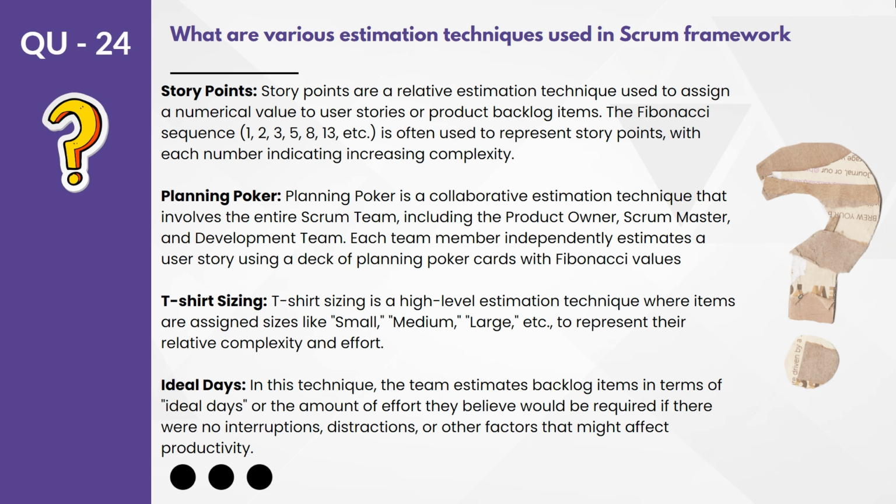Let's assume it is 3. Now for the second user story, you compare it with the first one. If the complexity is the same, the second story also will be given 3. But if the second story is more complex, then you will change from 3 to 5. If the second story is less complex, then you will change from 3 to 2. So the first will remain 3 and the second will change to 2. That's the story point.